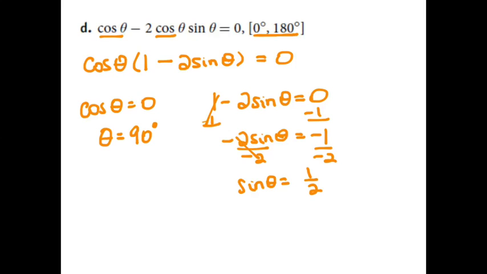Now sine is positive in quadrants 1 and 2, and both of those quadrants are included in our range of 0 to 180 degrees. So for this one, we are going to have two answers. Sine theta is equal to 1/2 at the 30-degree angle. So that's our quadrant 1 angle. And then the 30-degree angle that's in quadrant 2 is 150 degrees. And so for that particular equation, we had 3 separate solutions.